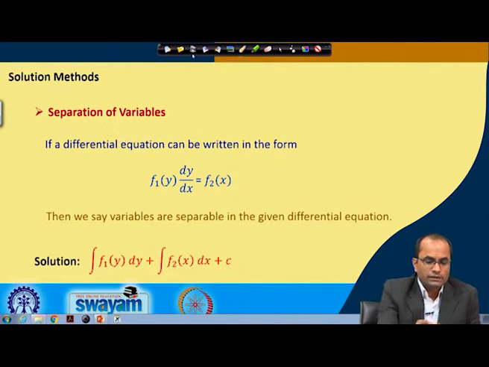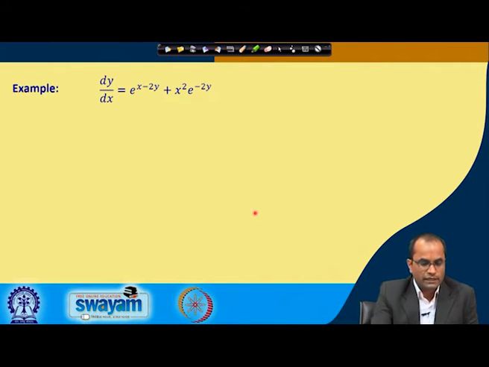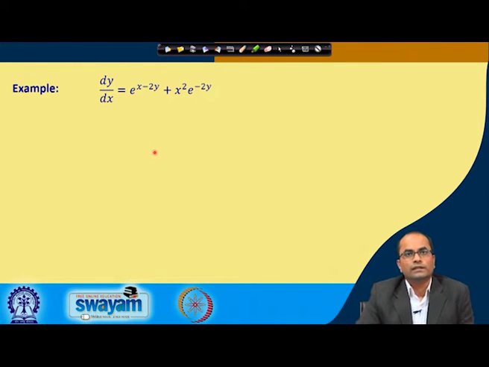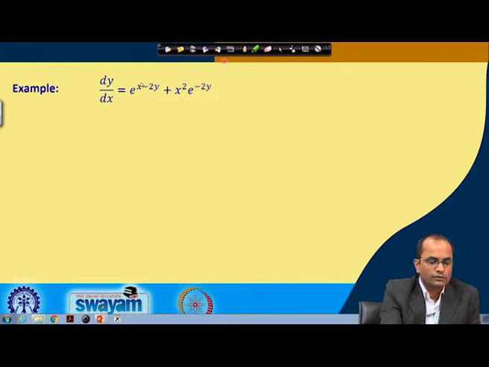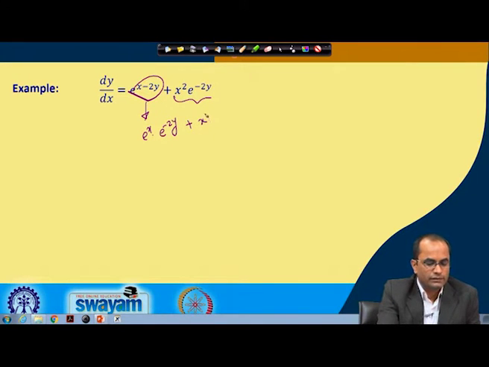We will see one example of this kind: dy over dx is equal to e power x minus 2y plus x square e power minus 2y. If we take a close look at the right hand side, we can write the first term as e power x into e power minus 2y, and the second term is already in separable form.